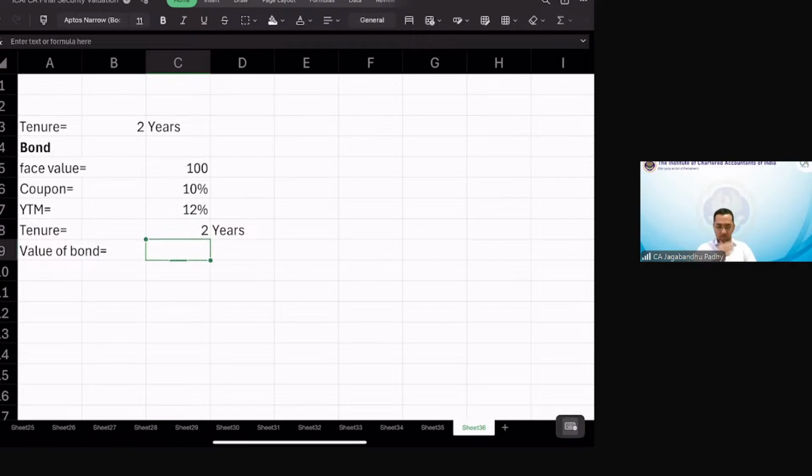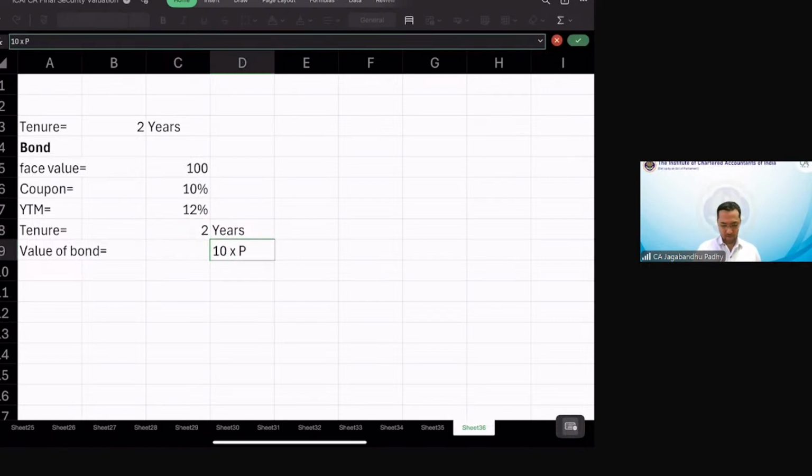Can you give me the value of the bond? Value of the bond will be simply 10 multiplied by present value annuity factor at 12% for 2 years, plus redemption is taken at par value, so this is 100, into present value factor at 12% for 2 years.